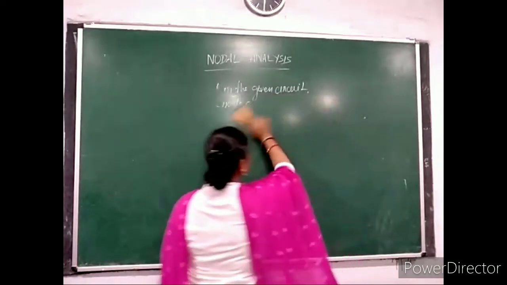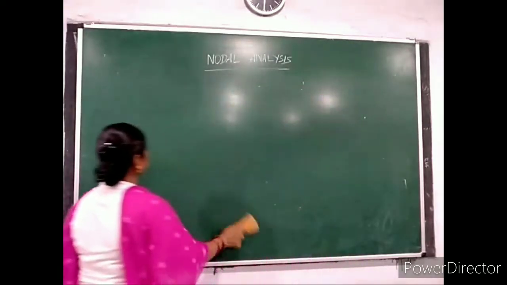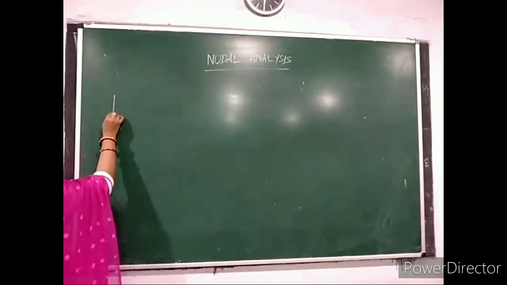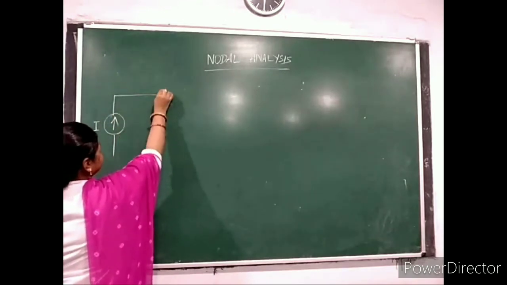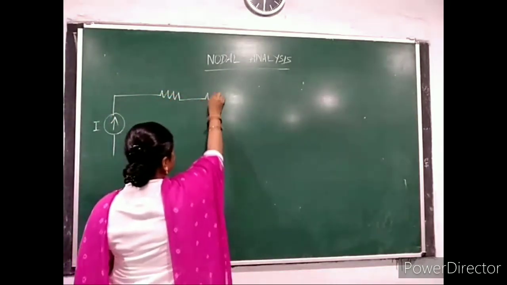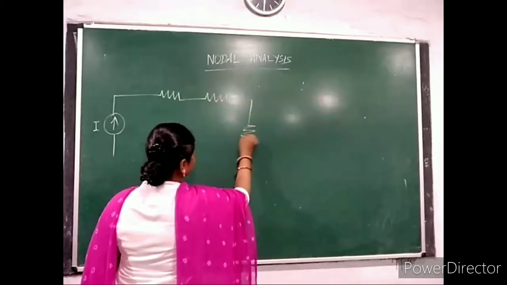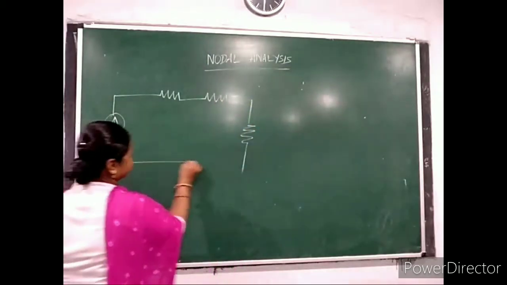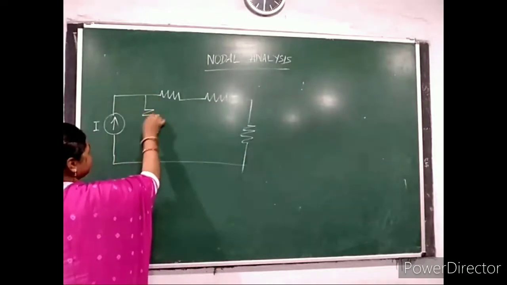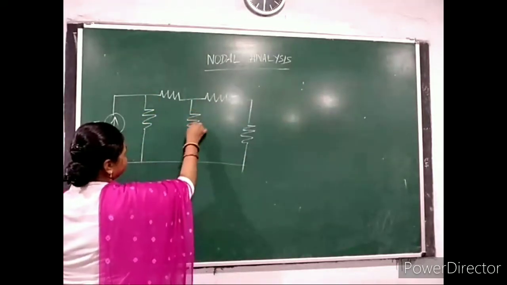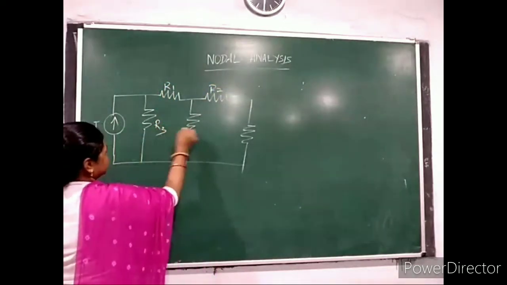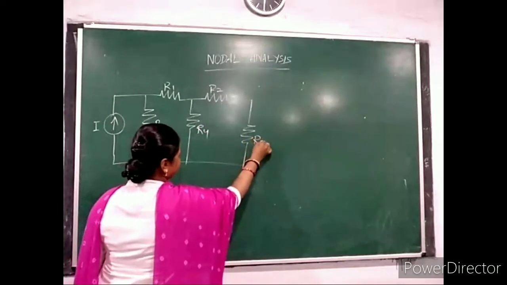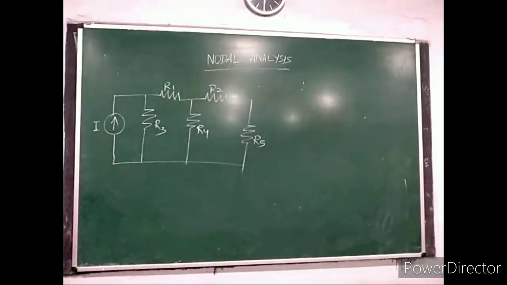I take one simple electrical circuit. It consists of 5 resistors R1, R2, R3, R4, R5 and a single current source I. Here, how many nodes are there?